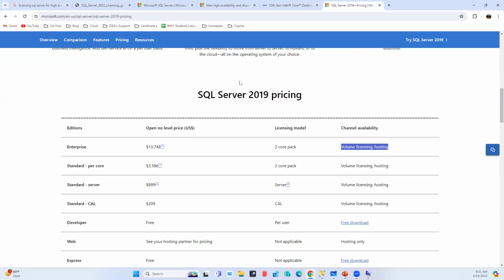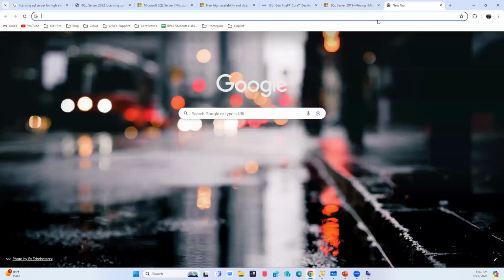In the real world, people follow one Volume Licensing URL. You open that URL and search for SQL Server, whichever version you want to install.